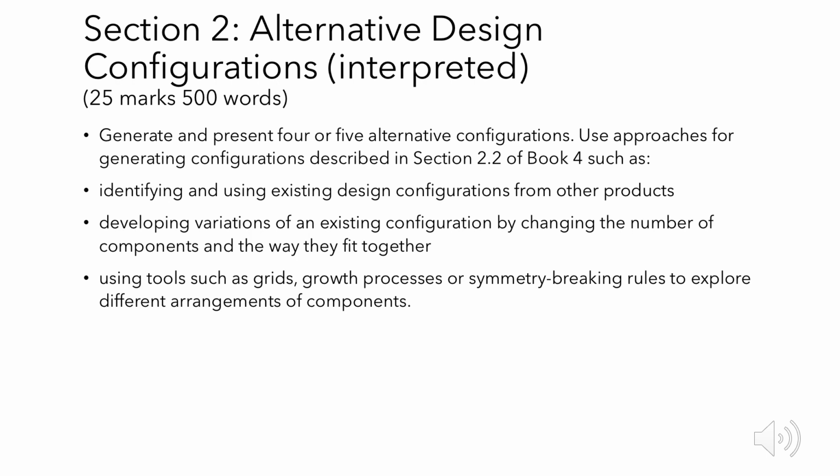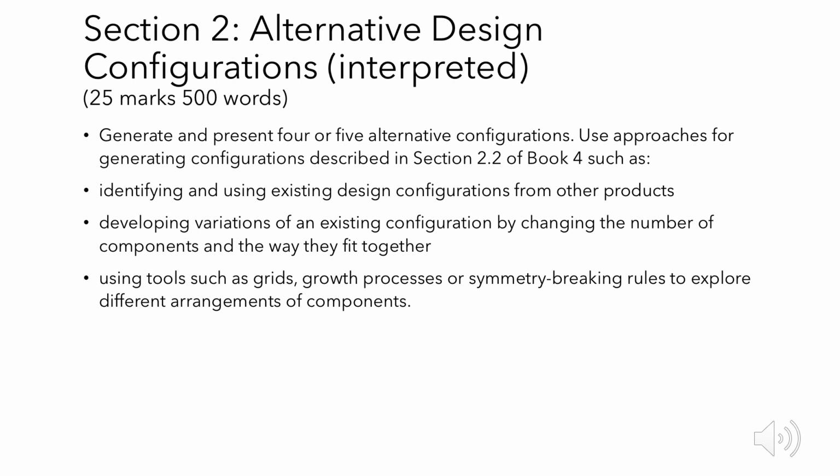So again, I thought that it was quite long, the way in which it was expressed in the TMA. So this is a kind of shortened version of what you need to do, just to try and help you to see the bones of it more clearly. So basically presenting 4 or 5 alternative configurations using the approaches for generating configurations that are described in the block.